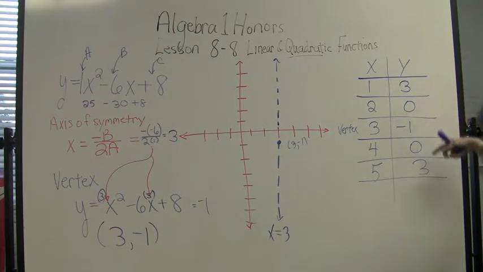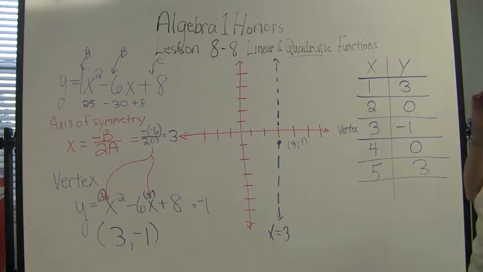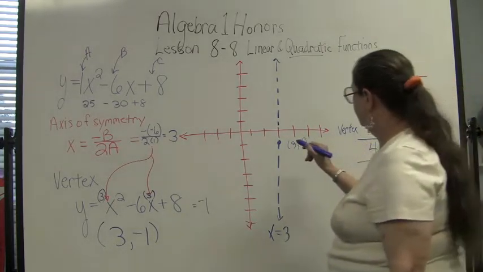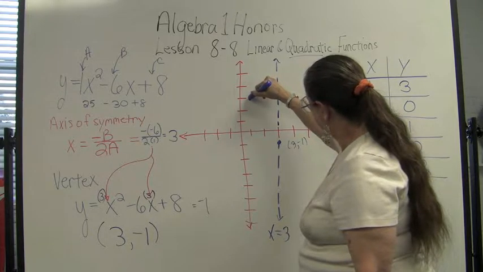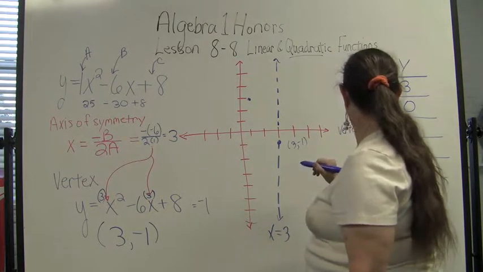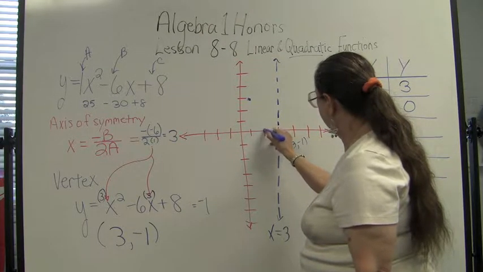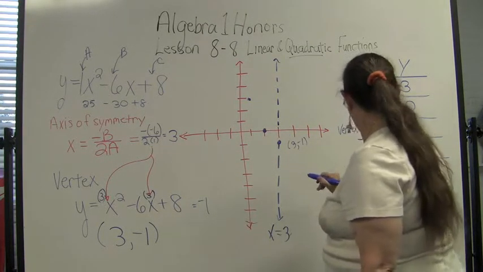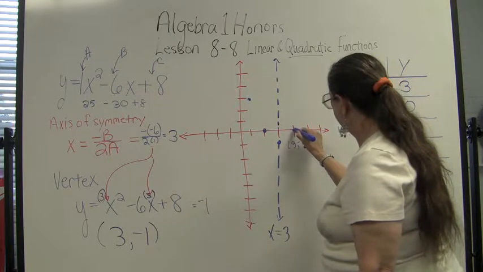Right? Like so. So let's now plot our 4 additional points. 1, 3 is over 1 and up 3. Okay, and 2, 0 is over 2 and up none. 4, 0 is over 4 and up none.